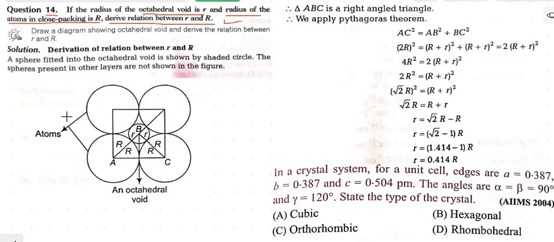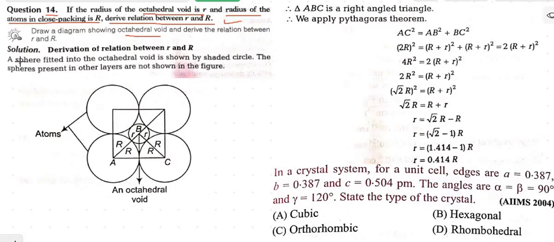One negative is above and one negative is below the plane. This is how it is generated. So when we draw a typical octahedral void, what are we supposed to draw? These 4 atoms are in the same plane. One is above, one is below. And if we join them, we get the 8 faces.